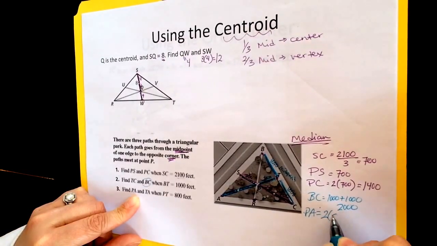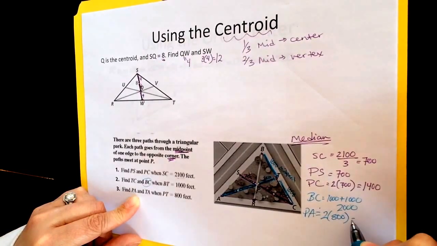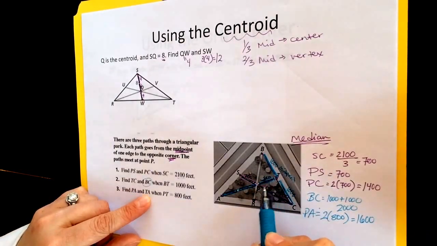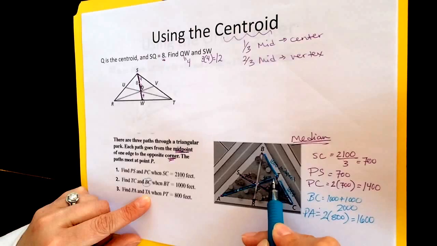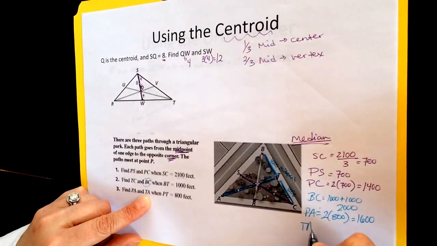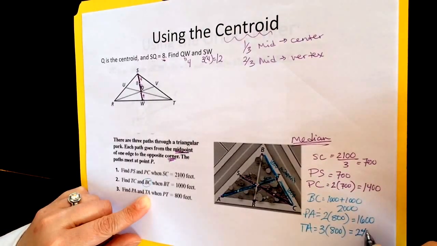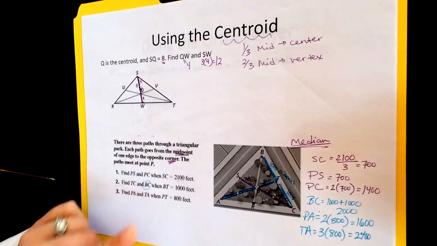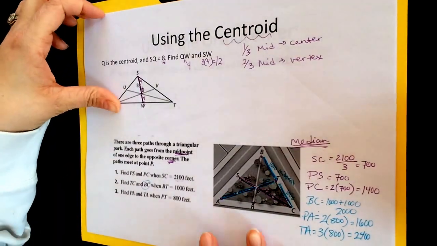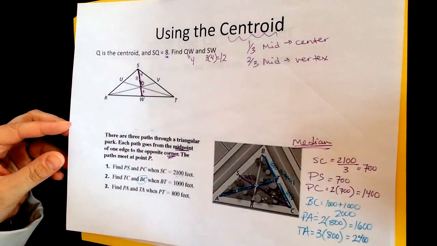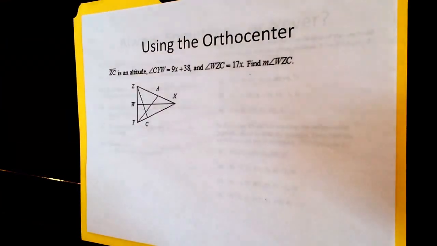So I have 2 of these 800-foot pieces, so P to A would be 1,600 feet. TA is all the way across that entire median. So I have 3 congruent pieces, each of those pieces being 800, so we understand that that entire median is 2,400 feet. So that's understanding the different parts of the 1/3, 2/3 relationship in your centroid.